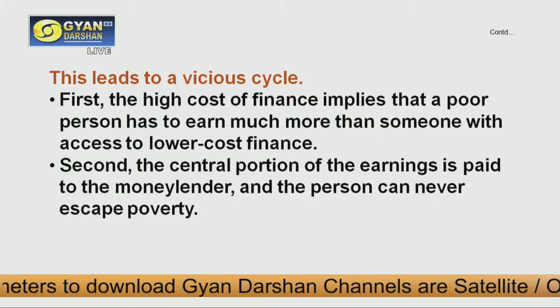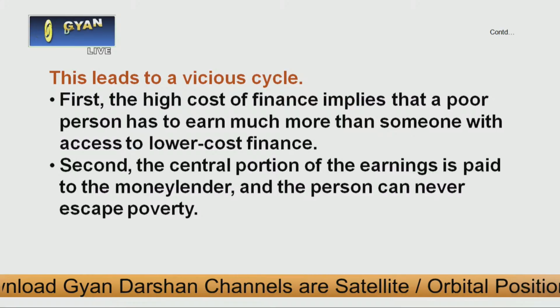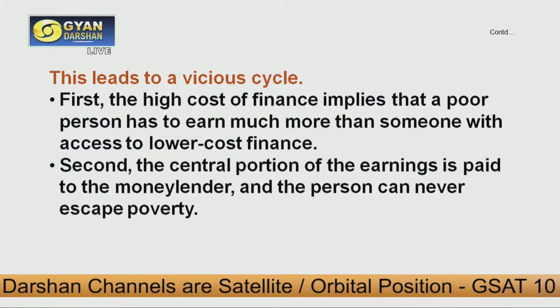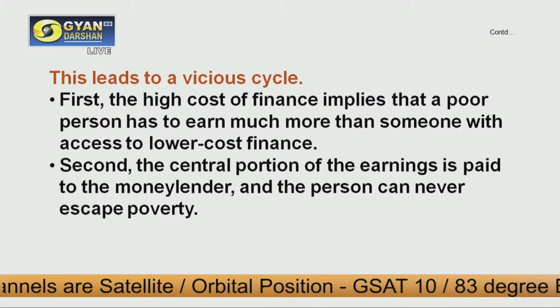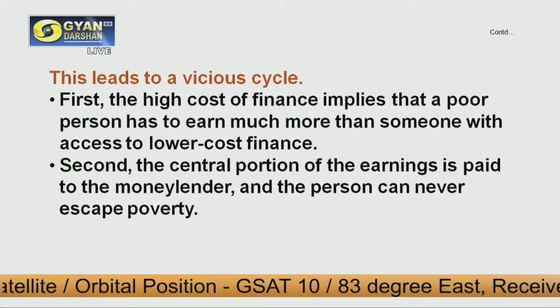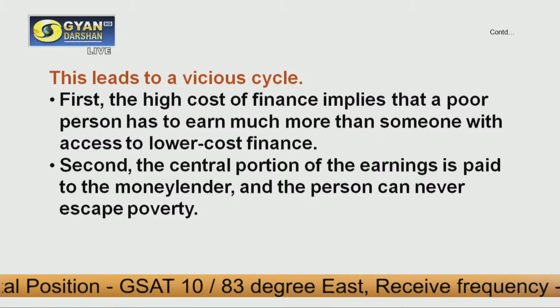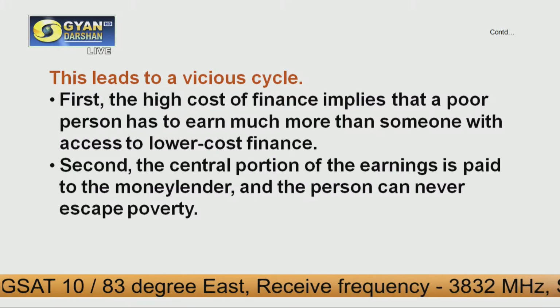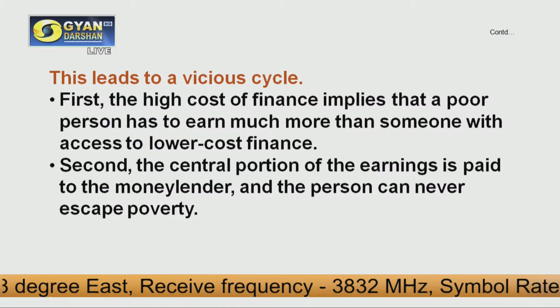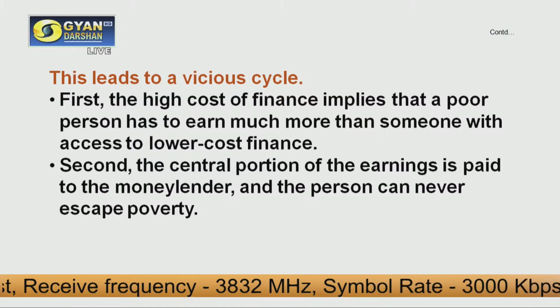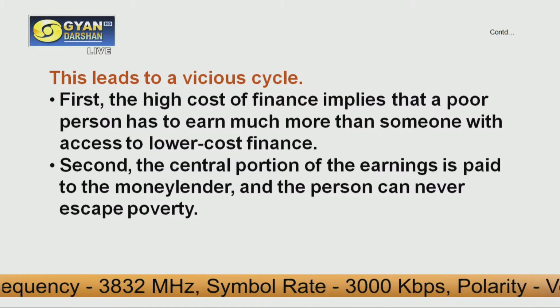Second, a large portion of the earnings is paid to the money lenders as interest or to repay the principal. So it is impossible for that individual to escape from poverty. Thus it became a vicious circle.